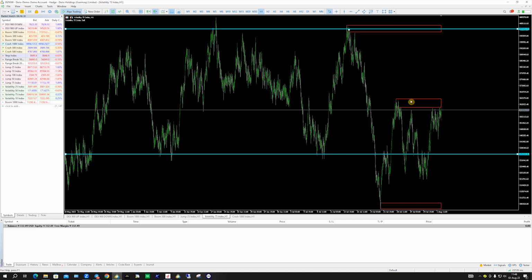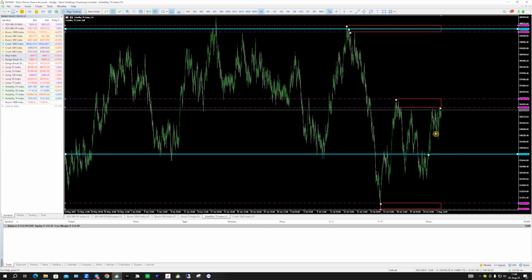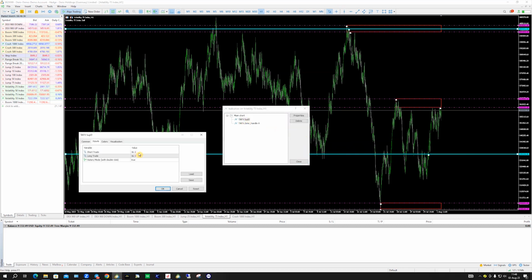What will we do if we want to avoid taking these key areas in the middle of the game, but we want to only trade the highs and lows of the V75? It is very simple, because if I go here, for example, I can change this one even to 100, because you must set according to what you want to trade.